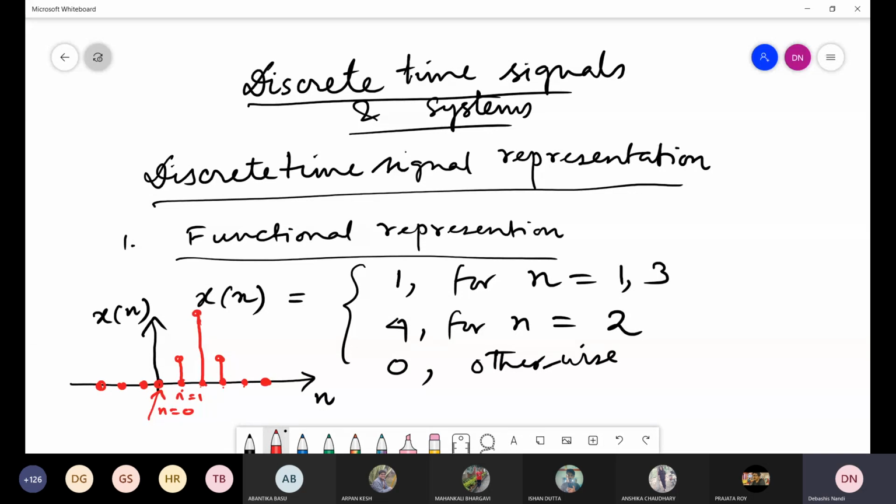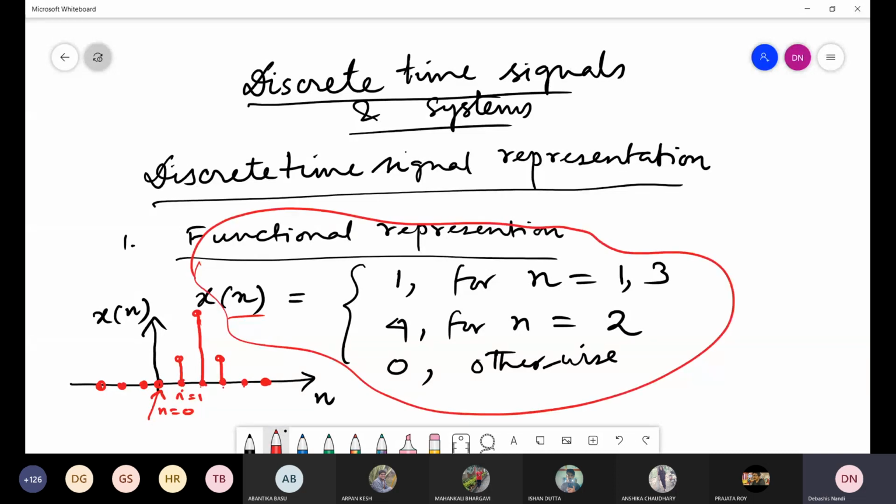So suppose this is the sample value at n equal to 2. And 0 otherwise means the other values are 0, so I am not drawing the samples for other points. So this is a graphical representation of this particular discrete time function x[n], and this representation is called functional representation.